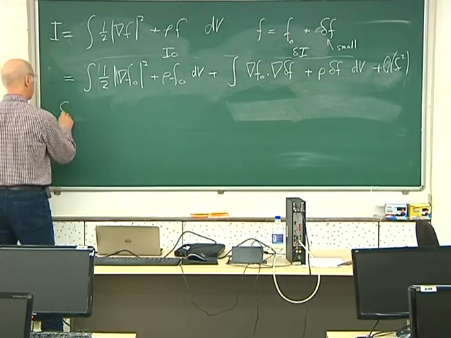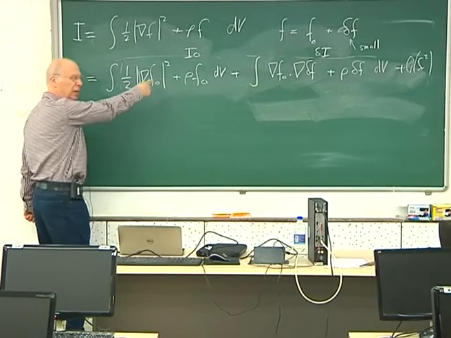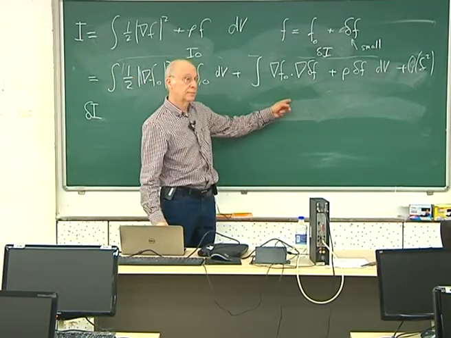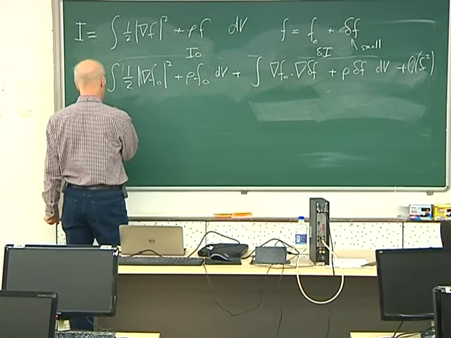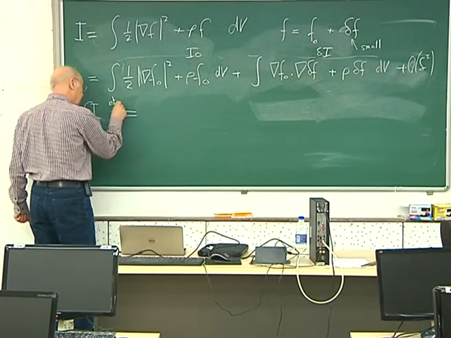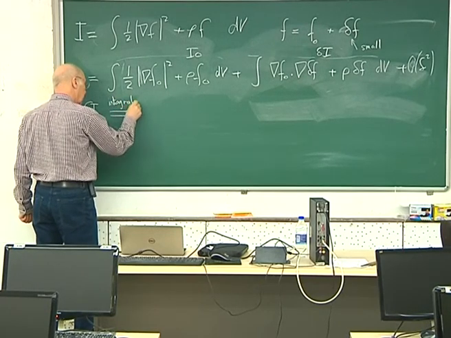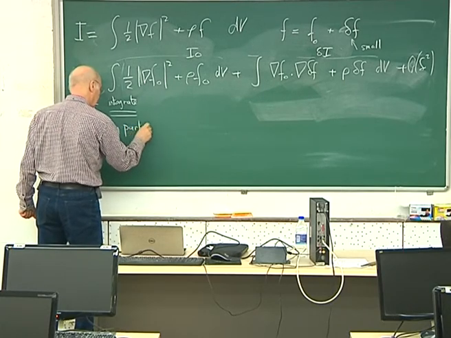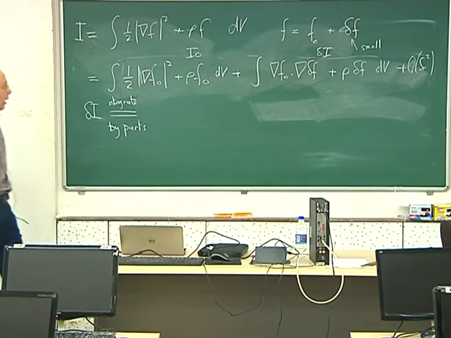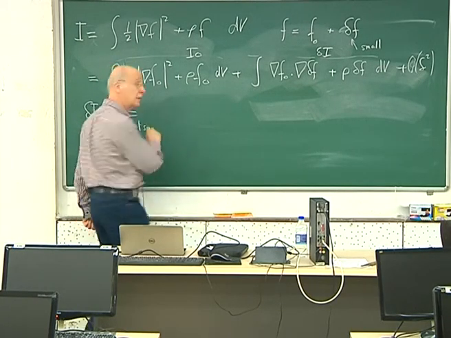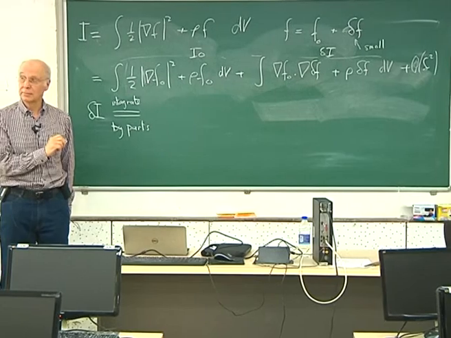So if I look at delta I, because I don't want to keep on writing this bit down, I can integrate this by parts. So if I integrate by parts, I will get, so that's the divergence theorem.